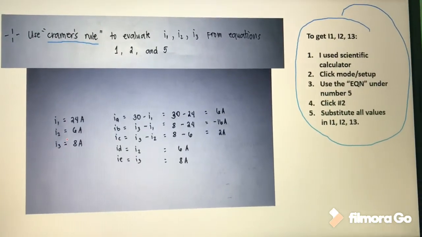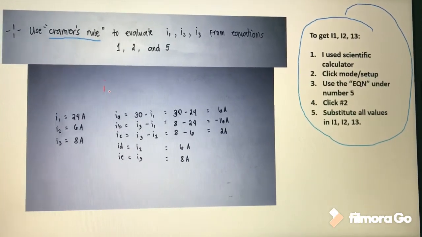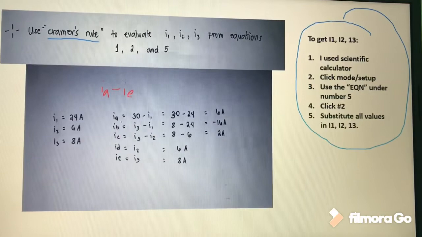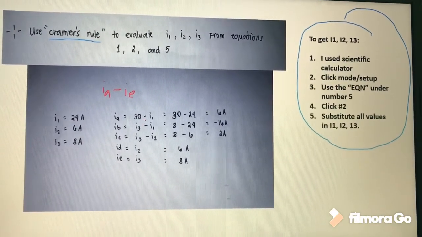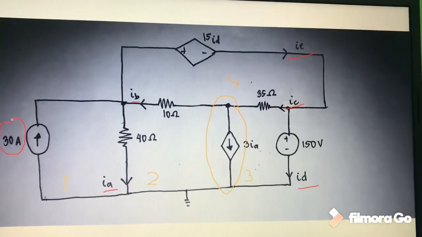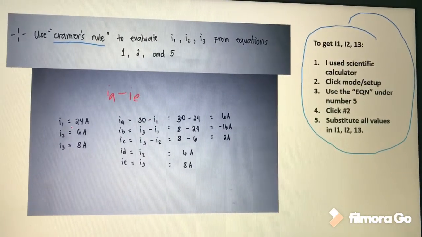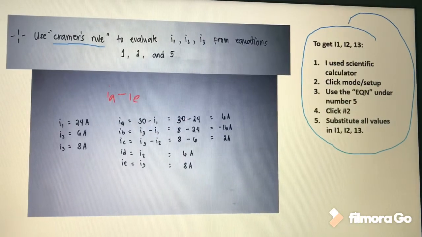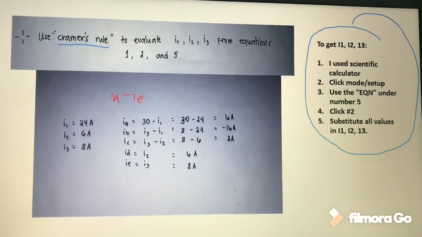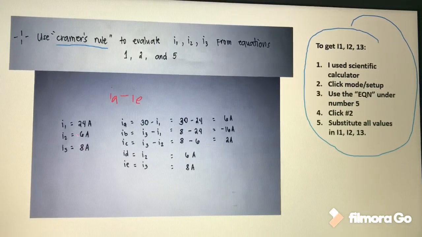So, since I1, I2, and I3 are already given, we can already calculate IA up to IE. So, IA is equal to 30 minus I1, because as you can observe here, 30A is already given. Since our I1 is 24, 30 minus 24 is equal to 6A. IB is equal to I3 minus I1. Our I3 is 8 and our I1 is 24.